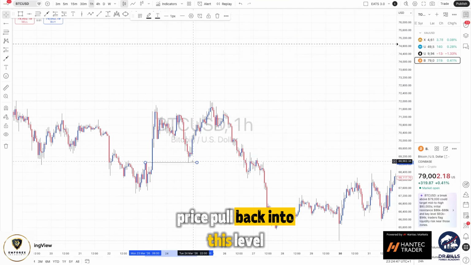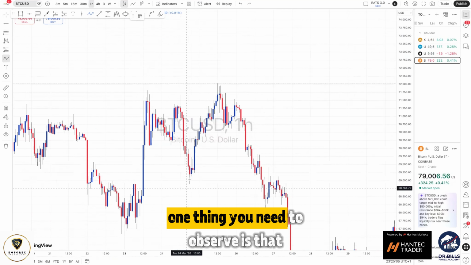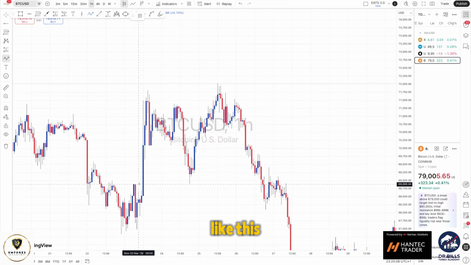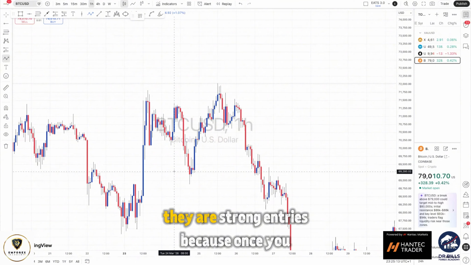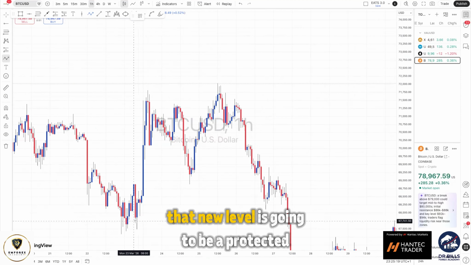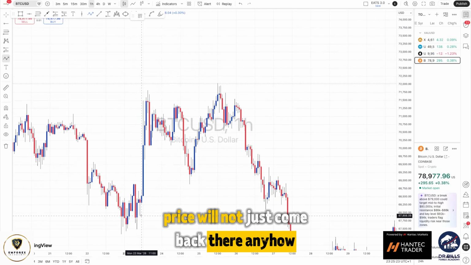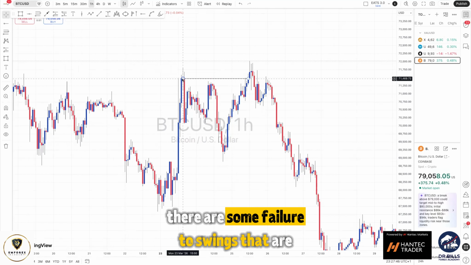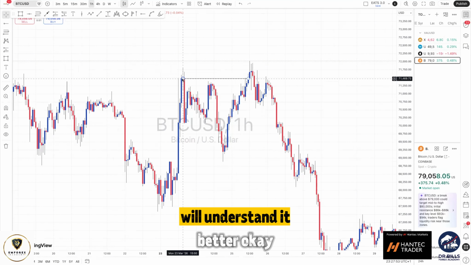One thing you need to observe is that whenever you see failure to swings like this, it gives you potential entries. They are strong entries because that new level is going to be a protected low. Price will not just come back there anyhow. There are some failure to swings that are inside of the dealing range that don't really count, which with experience you understand better.